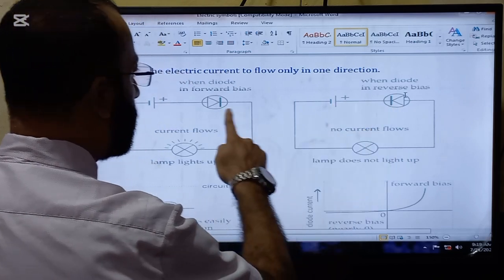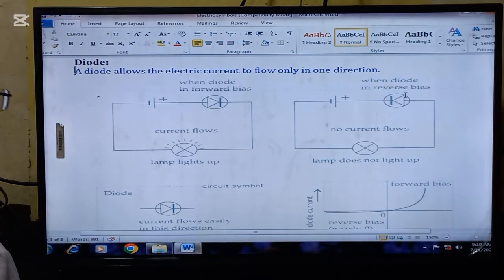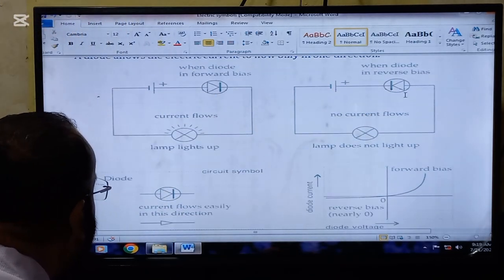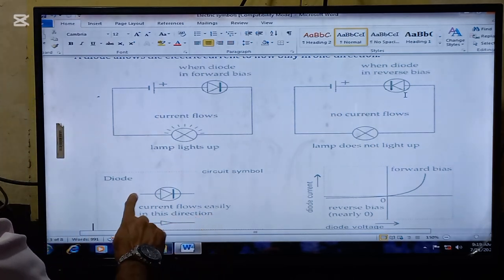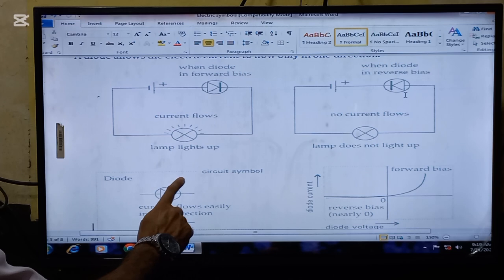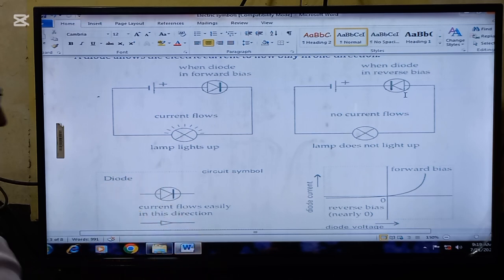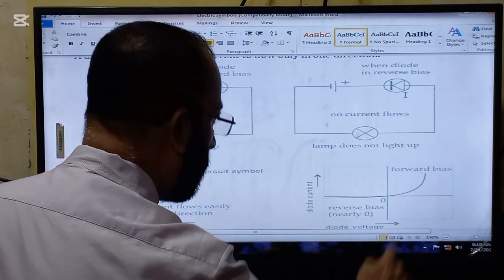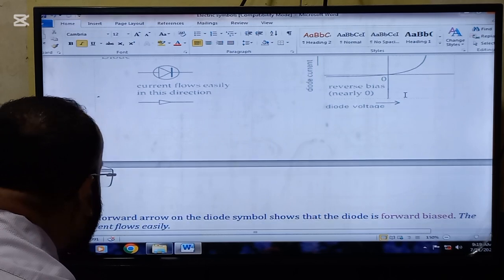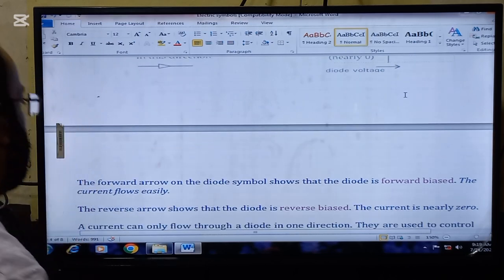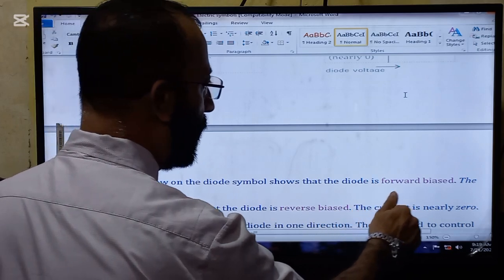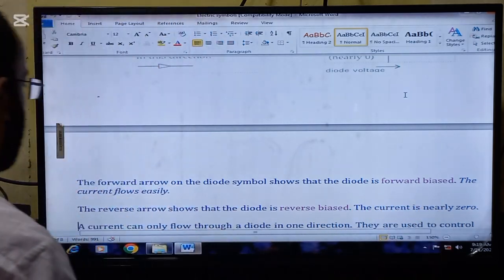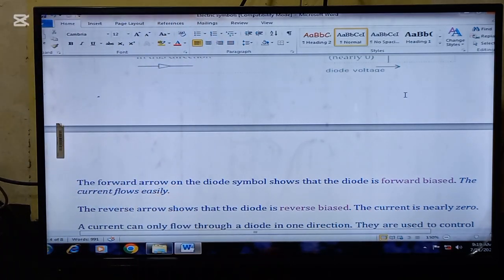So the arrow sign is telling us the direction. Current flows easily in this direction because a diode allows the current to flow in one direction. So this is forward biased. The forward arrow on the diode symbol shows that the diode is forward biased, and the current flows easily.